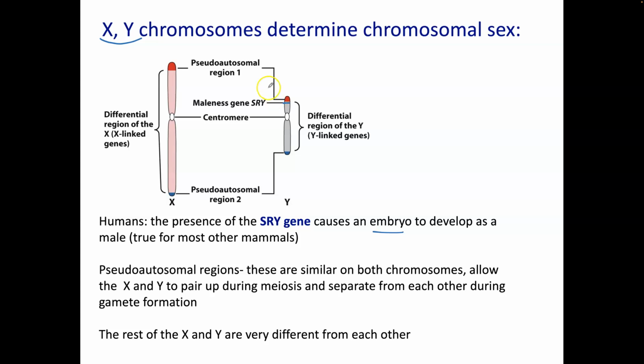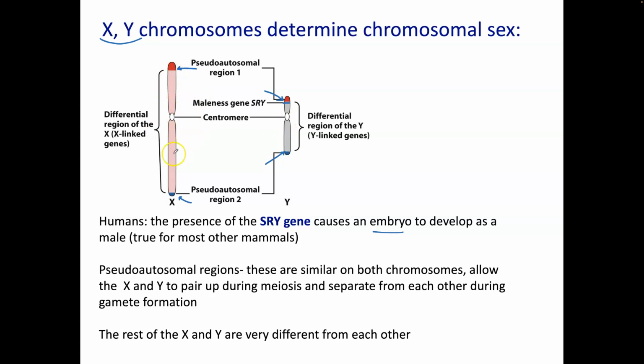of a female pathway. Now, there are special regions that I already mentioned on the very tips of the chromosomes, and these are similar. That's why they're colored the same. Region 1 at one end and region 2 at the other. These are actually very similar in sequence, and there are some similar sequences around the centromeres that allow for these to actually pair with each other.